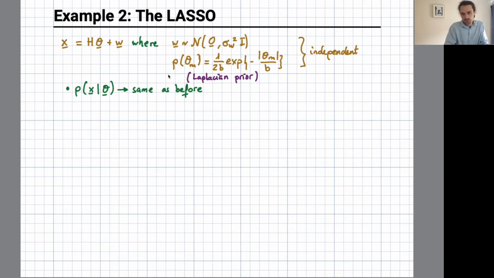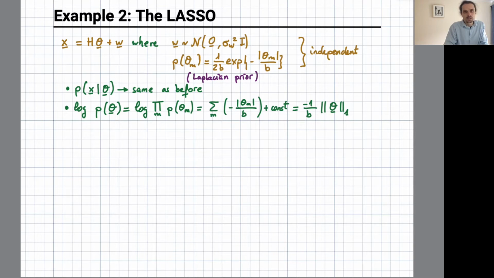So to obtain the MAP estimator, we need both the likelihood and prior, and the likelihood is exactly the same as before because it only depends on the PDF of w, which is the same as before. Then the log prior is the log of the joint distribution of the thetas, which, since they are independent, is just the product of the marginals.